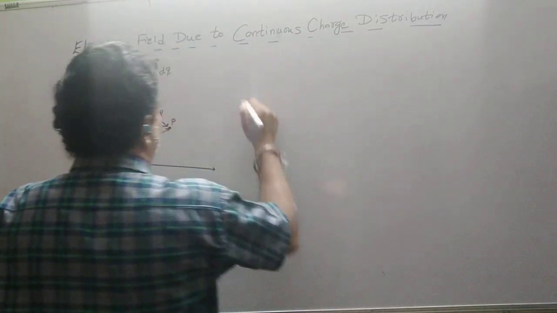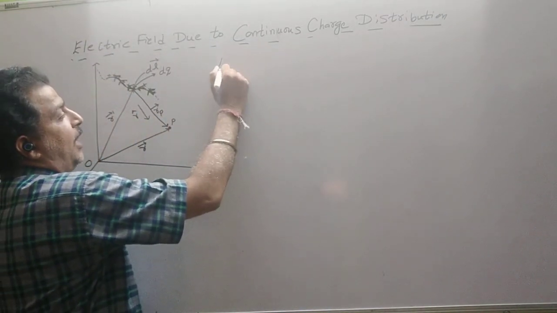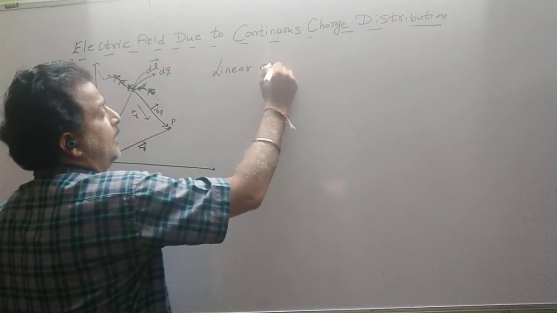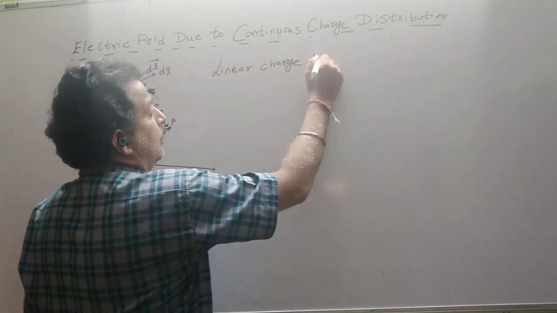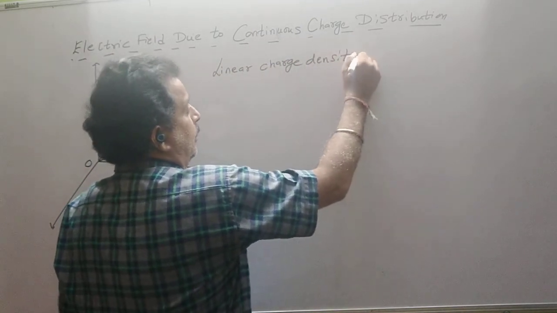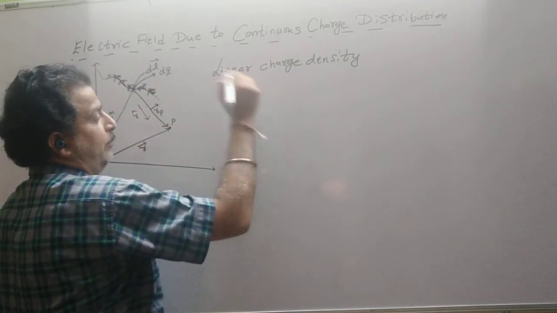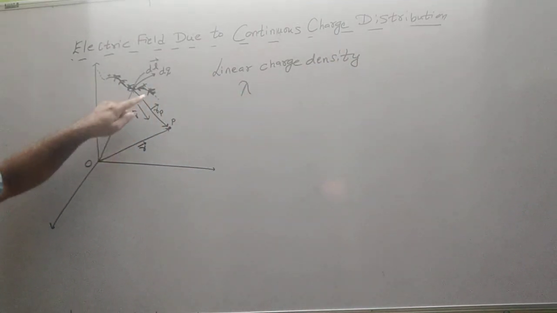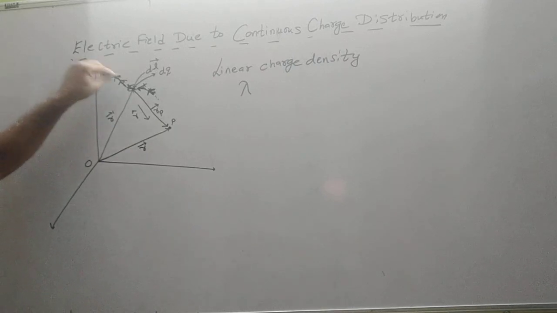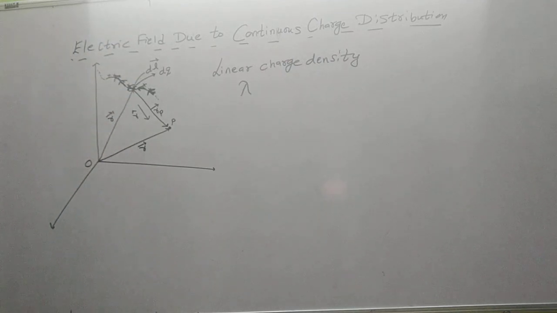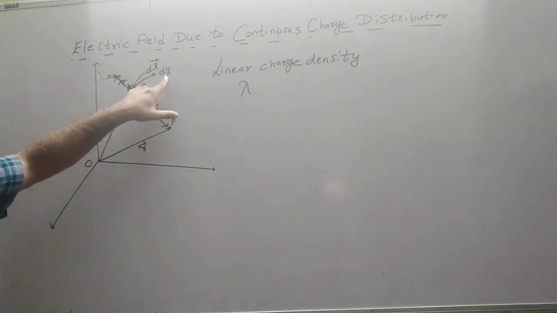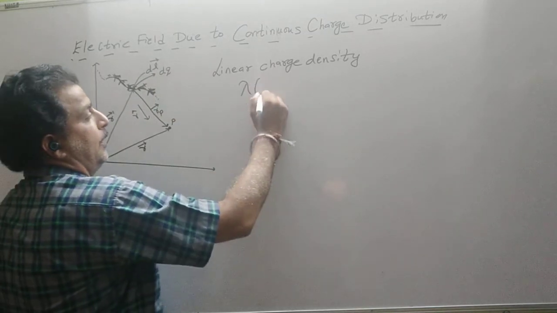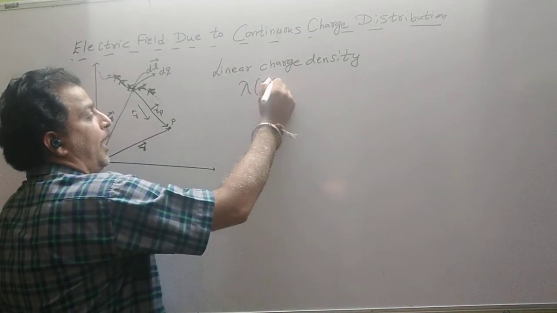Now the next step is to define the linear charge density. Linear charge density was denoted by lambda. Now if I take a different element, it will have a different charge, different q. So lambda is a function of r dash.